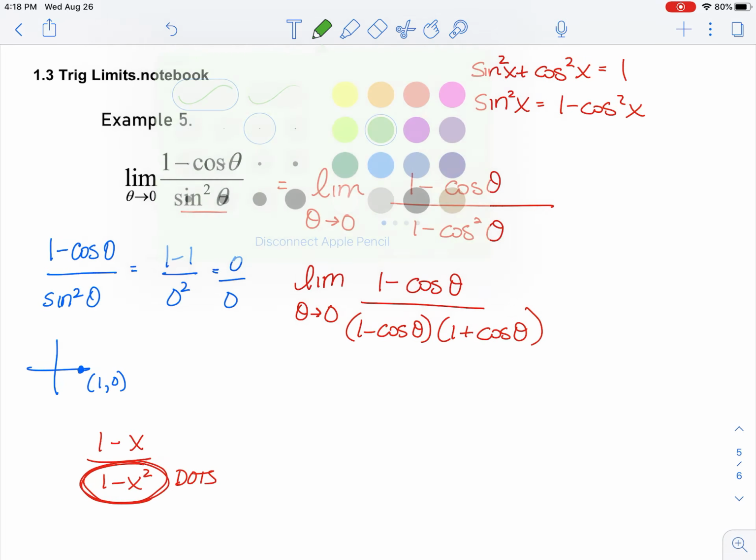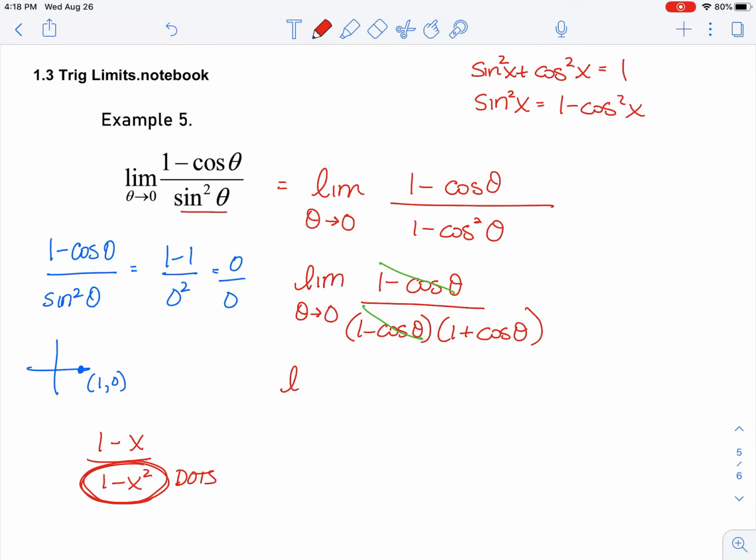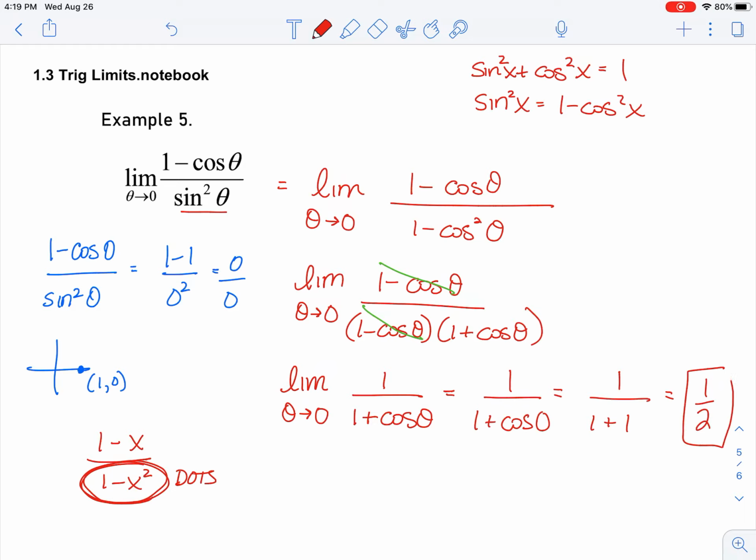The 1 minus cosine thetas cancel. And we have the limit as theta approaches 0 of 1 over 1 plus cosine theta, direct substitution. I plug in, that's 1 plus cosine of 0. Cosine of 0 is 1. 1 over 1 plus 1 is 1 over 2.